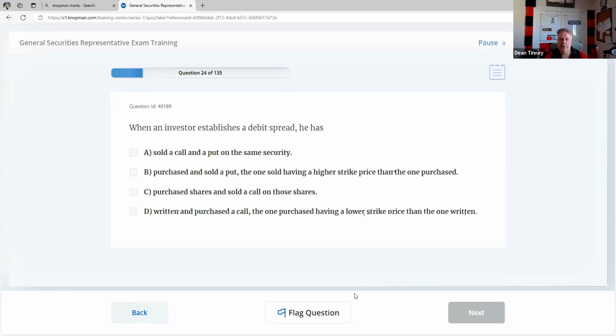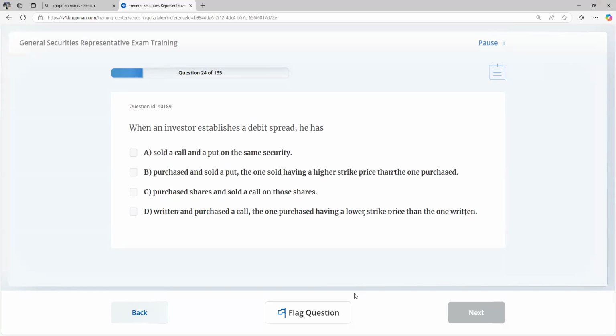So this is, I think, the hardest type of question. They're asking you to identify a spread missing the premiums. So you know it's either B or D because A is a straddle and C is a covered call. So it's not A, it's not C, it's either B or D. The one call written and one purchased.